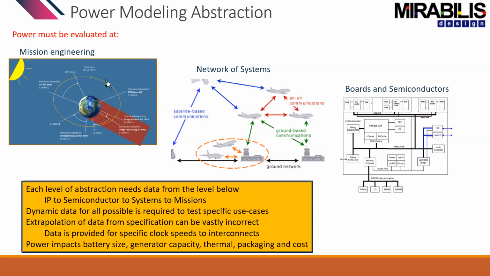So this is a very clear requirement: the communication must start from the IP level and go all the way to the mission level to ensure accuracy, ensure testing across a wide range of use cases, and also see how it impacts the other elements that form the system, like what should be my battery size, what should be my generation capacity, what should be the cooling cost, what should be the packaging, and finally, what is the overall cost of my system?